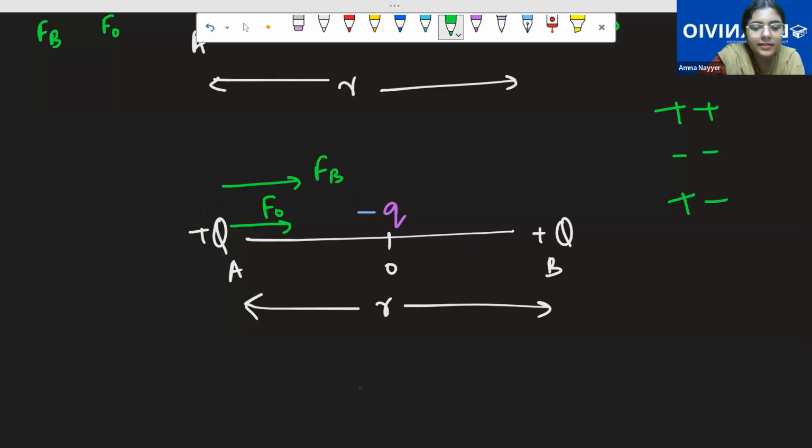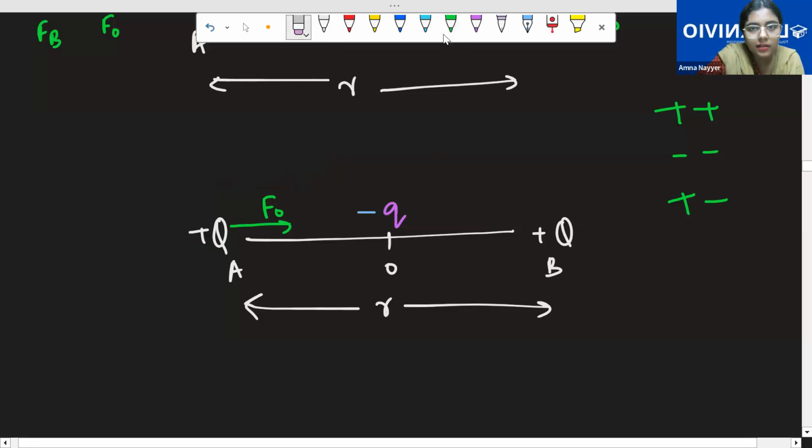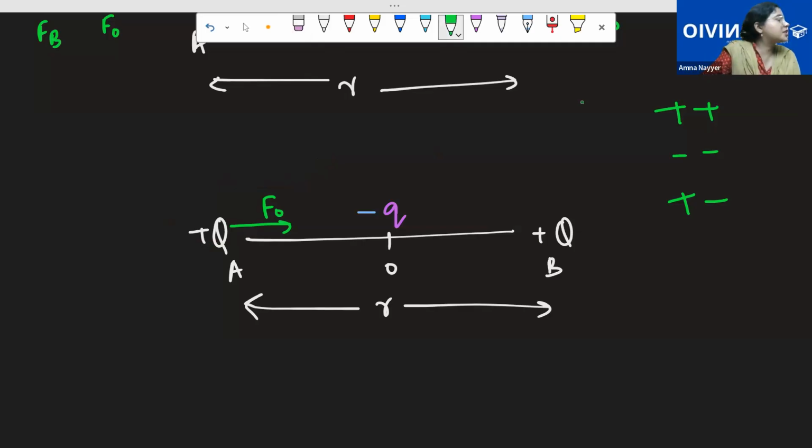So you mean to say positive will attract positive? Is that correct? No, ma'am. Away. So this will be FO and this will be FB. Due to B, this will be moving away.